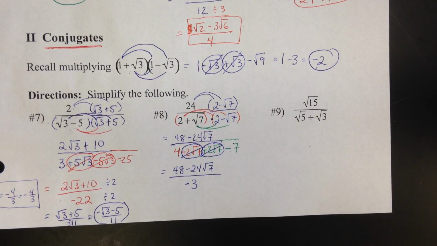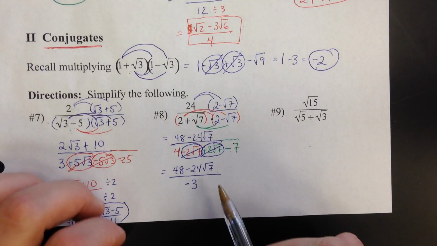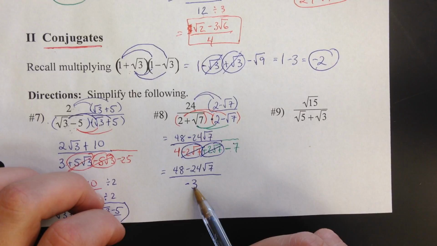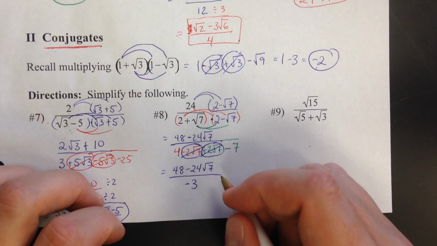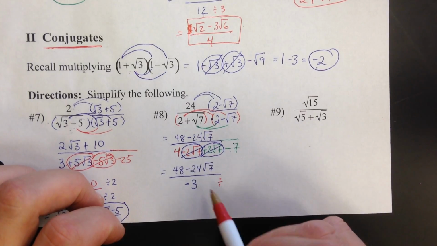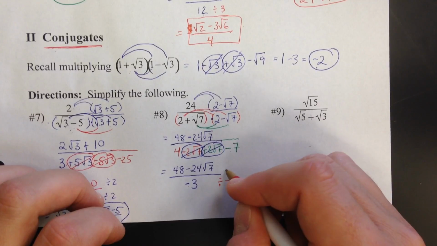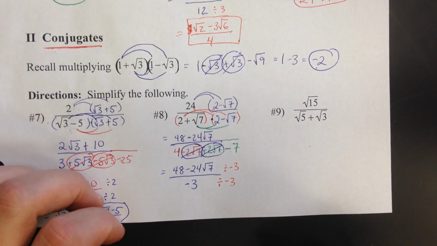Now the last step, when you look at your terms, not the radical term, but the others, 48, 24, 3, all of those are divisible by 3. So what we're going to do is divide everything. I do not want the negative in the bottom, so I'm going to divide everything by negative 3.